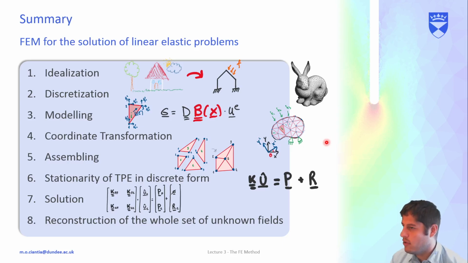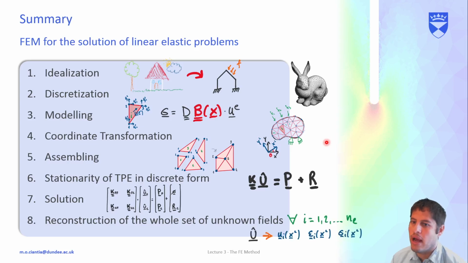And once we have the displacement of all our nodes, we can reconstruct the whole set of unknown fields. So go back to the nodal displacement vector of each element, and from that we can get the displacement inside each element. And if you have the displacement inside each element, you can get the strains and the stresses.